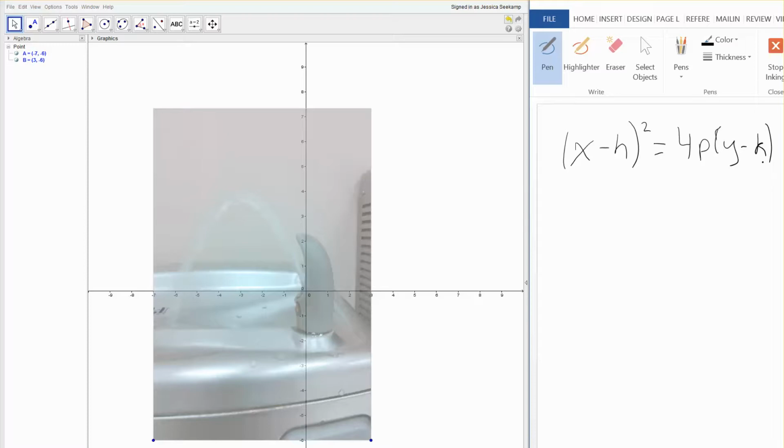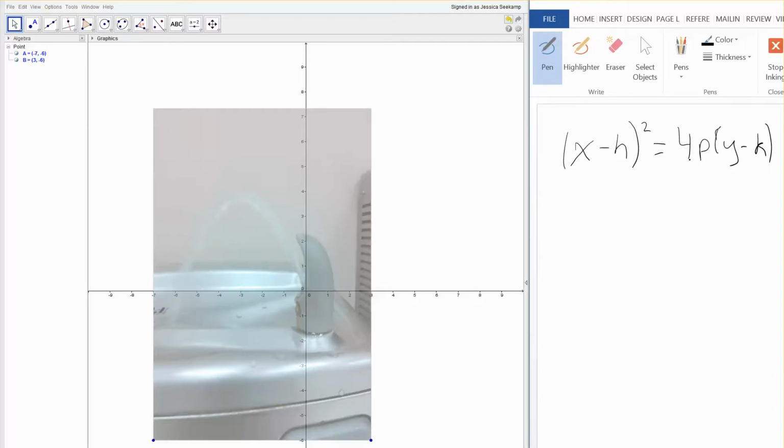All right? And you know that h comma k is the vertex. So if we go over here on our photo, we can look at where the vertex would be, and we can see it would be about right here.